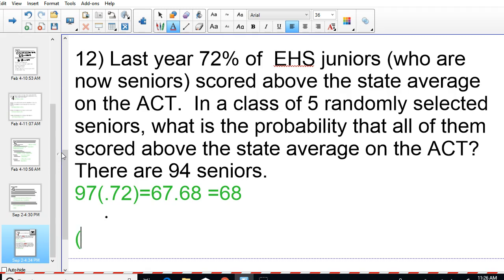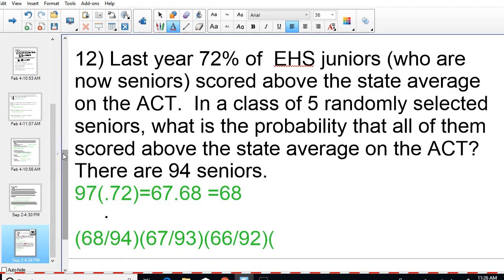So if we want to know the probability that all 5 of the randomly selected seniors scored above the state average, we would have 68 out of 94 times 67 out of 93 times 66 out of 92 times 65 out of 91 times 64 out of 90.